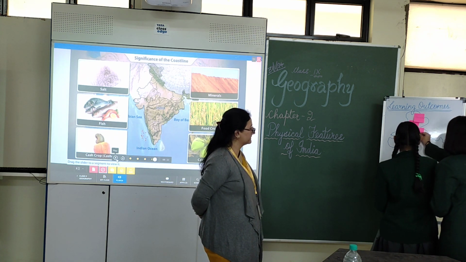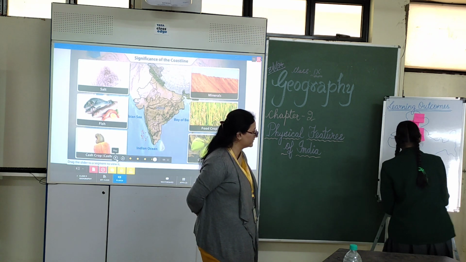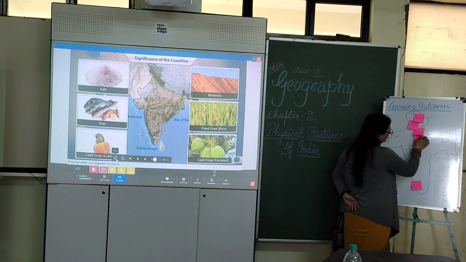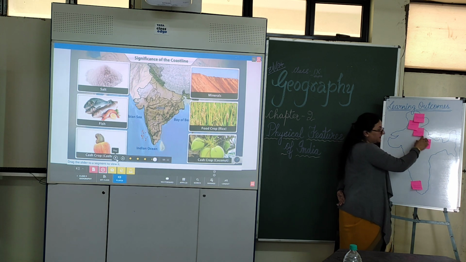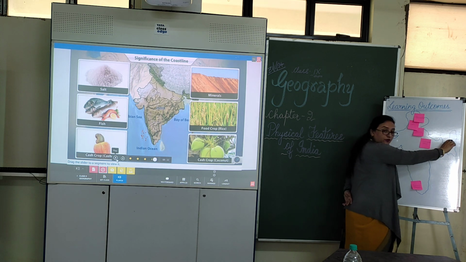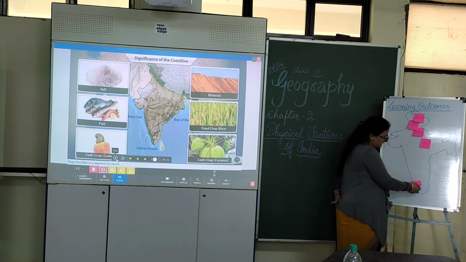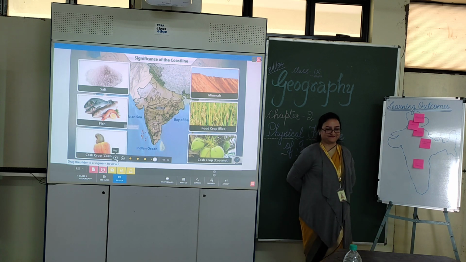Northern Plains and the Peninsular Plateau. Okay. Now, Northern Plains, you are sticking here, it's correct, but I think this could have been a better position because already we have sticks over there. It extends from here till here, the Northern Plains again, and Peninsular Plateau. Why do you have to stick it here? You can stick it in the center as well, isn't it?